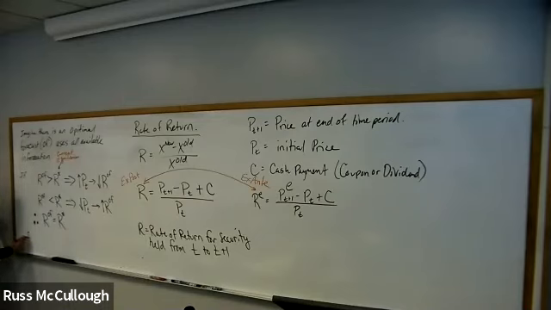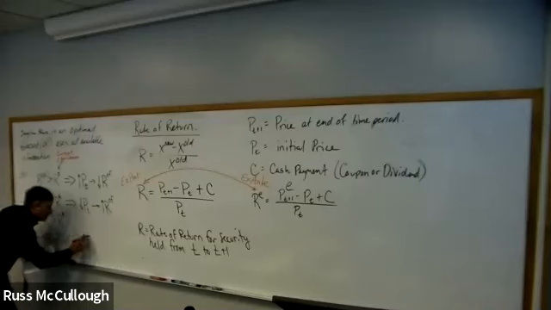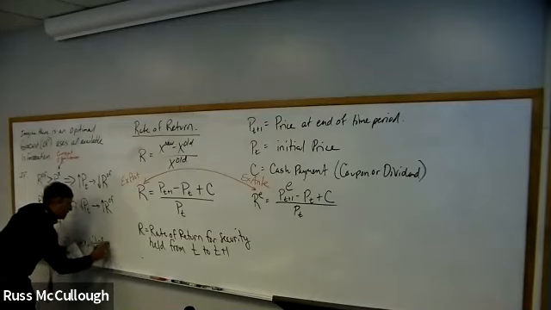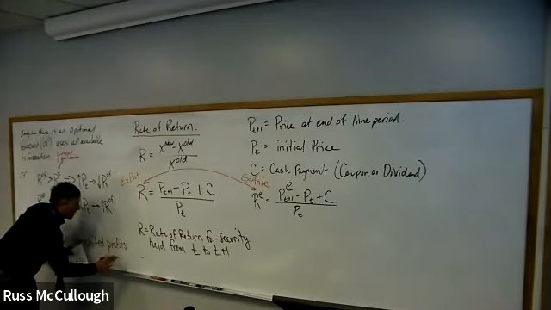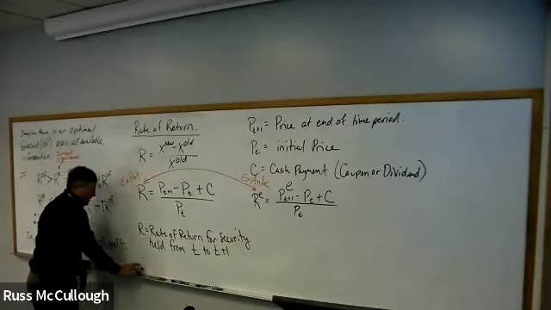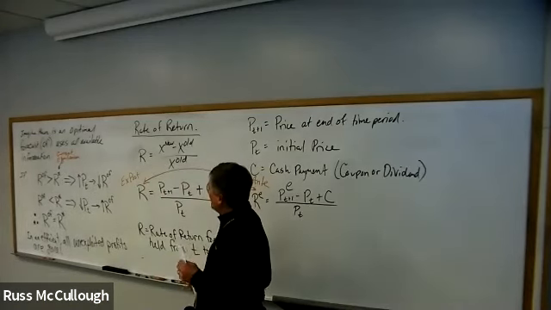Which means in an efficient market, one that has lots of buyers, lots of sellers, good information flow, all unexploited profits are eliminated, are gone. There is no easy money. There are no unexploited profits. They get gobbled up as soon as they're there.